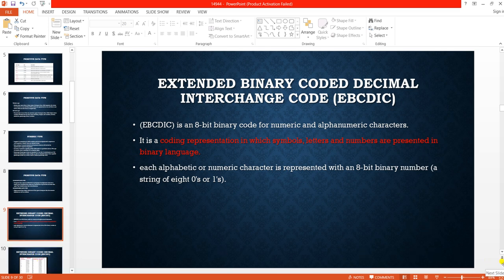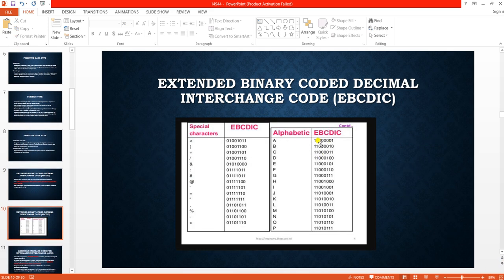On to slide 10, you can see this is your Extended Binary Coded Decimal. This is your 8-bit. If we count all these binaries or numbers, they equal 8.